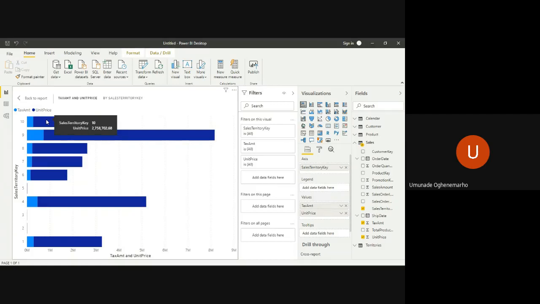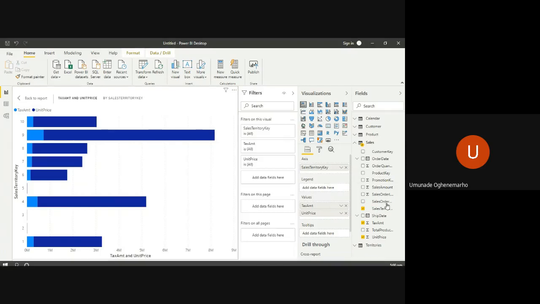Do you understand? But there are exceptions in stacked charts. So now, let's go to product and just pick a category.